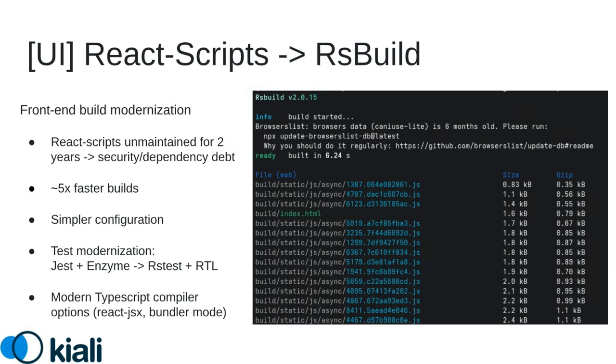Taking advantage of this, we have also replaced Enzyme with React Testing Library. And just noting that, thanks to this React scripts replacement, we have been able to enable the modern TypeScript compiler, which improves the final code compile. That's all for this feature.